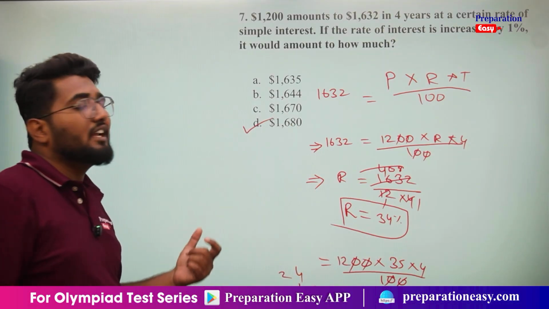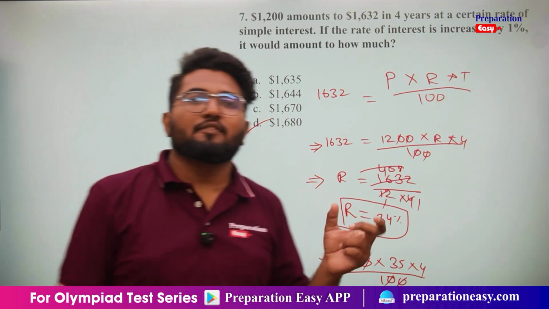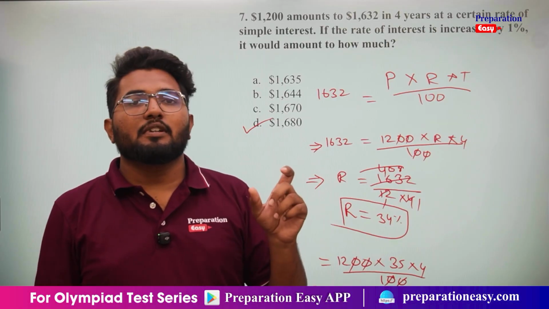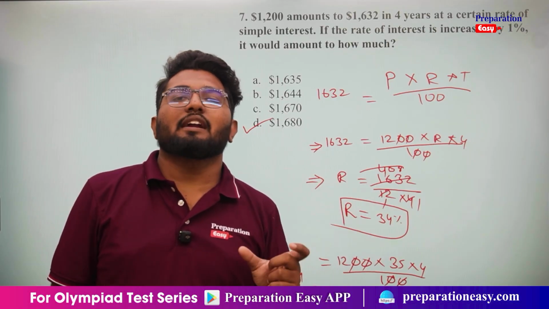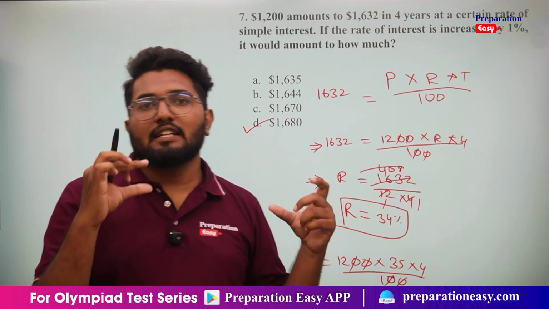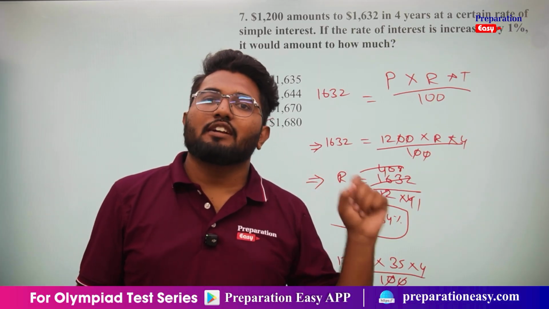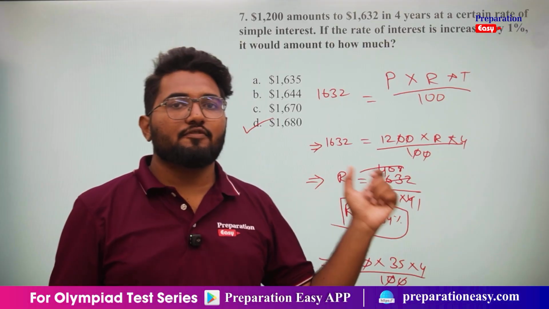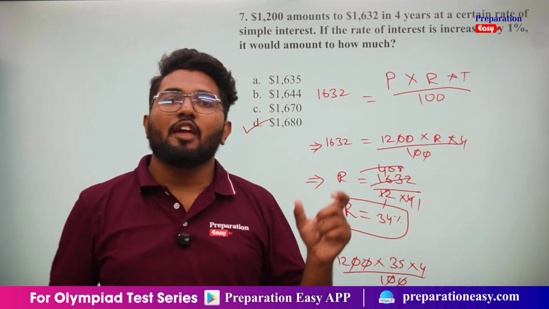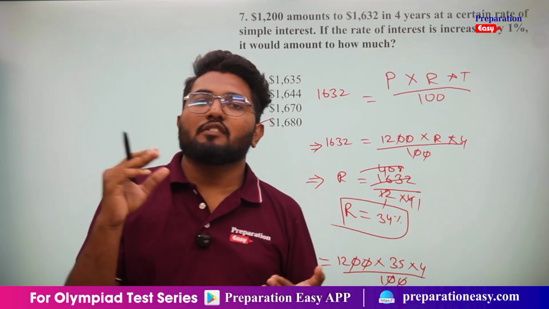How did I calculate this? First I applied the formula, principal P into R into T divided by 100. P stands for principal, that is the actual amount, R stands for rate of interest and T stands for time, that is duration, 4 years, divided by 100. From there I calculated the rate of interest.